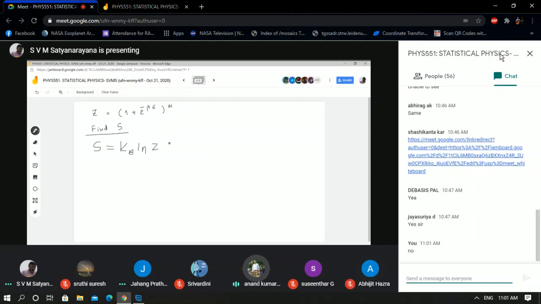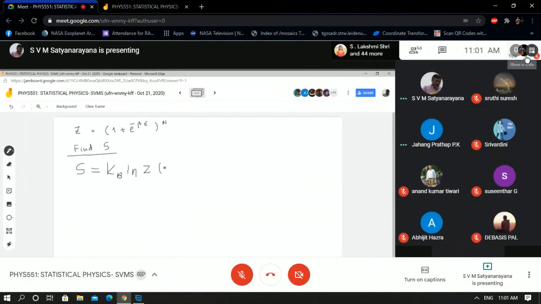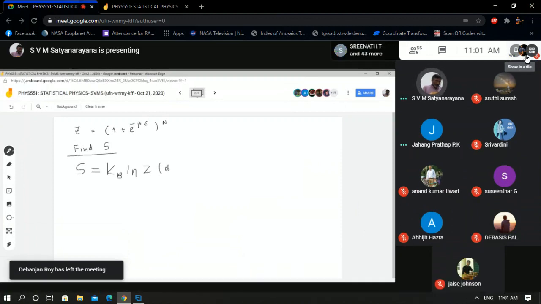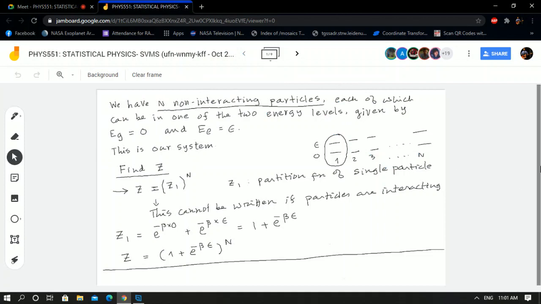It should be F equal to minus k_B T ln Z, the Helmholtz free energy, and that formula is incorrect. In the microcanonical ensemble, S is equal to k_B ln omega, where omega is the number of microstates. Here instead of Z it should be omega. You cannot use this formula because there is no such formula; the canonical partition function is not related to entropy like this.